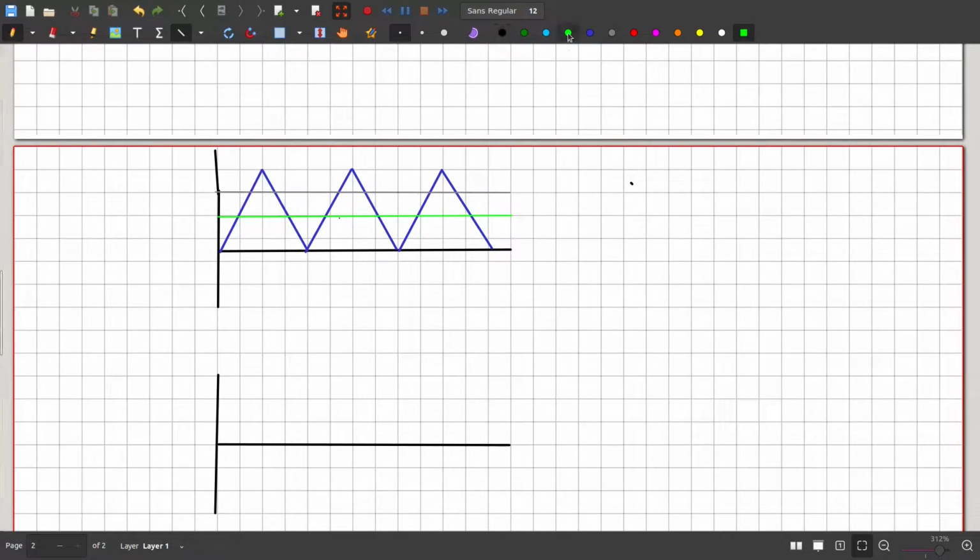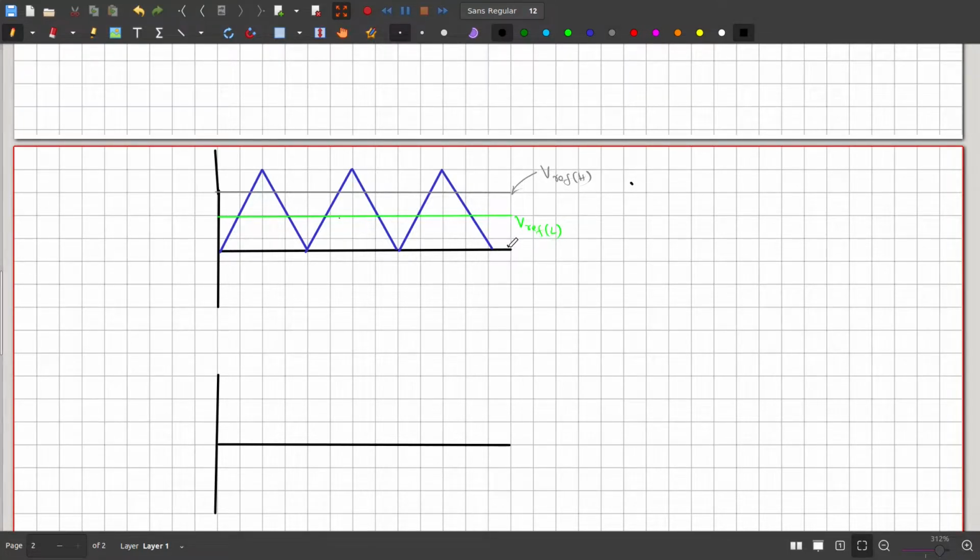So this is VrefL. And this point is VrefH. So this is the higher threshold level.